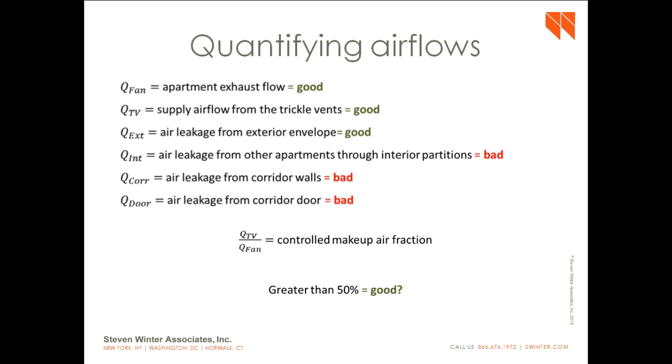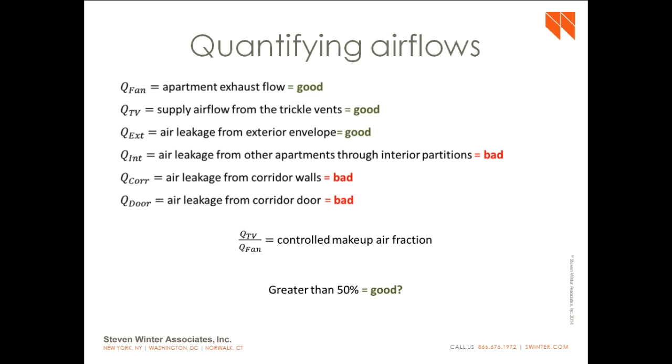When we're trying to show what's adequate makeup air, we have to come up with a term to express this, and we just called it controlled makeup air fraction, which is the amount of makeup air provided by, say, a trickle vent, which is a known source of fresh air, over the air removed by the fan.